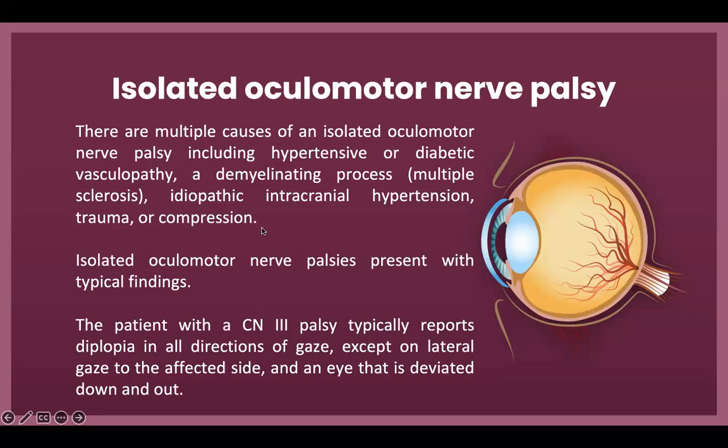Isolated oculomotor nerve palsy: as we said before, the patient will have downward and outward gaze in the affected eye, with sometimes a normal pupil or sometimes a dilated pupil with cerebral or brainstem pathology.